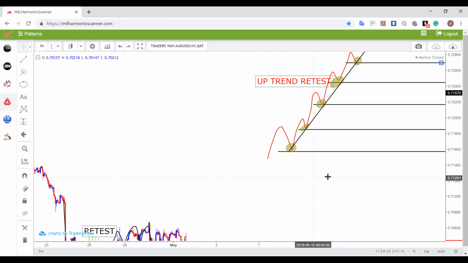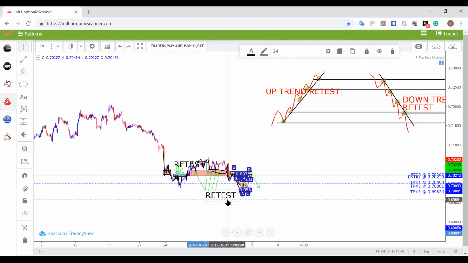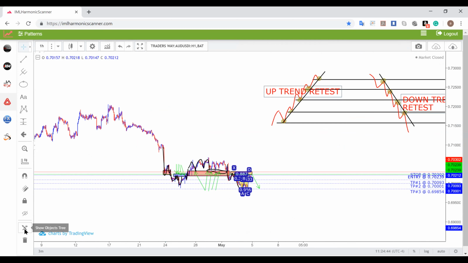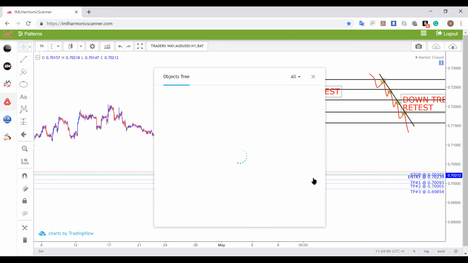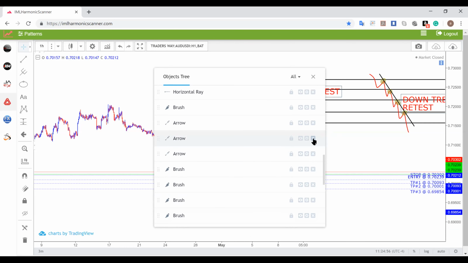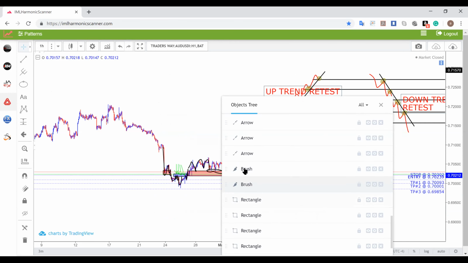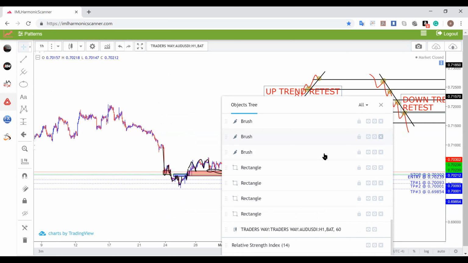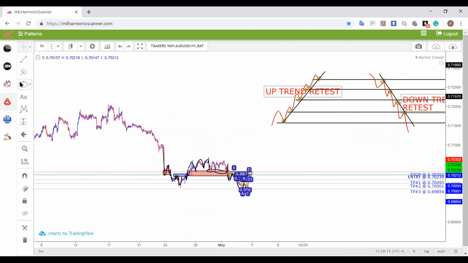Let me show you how you identify it in the real world. I'm going to take off these drawings so that things don't look so crazy. You know what?